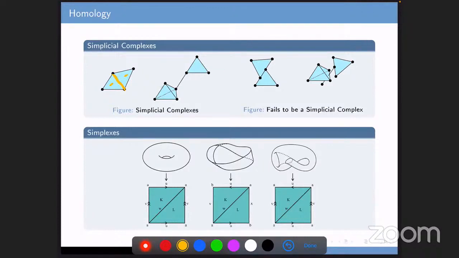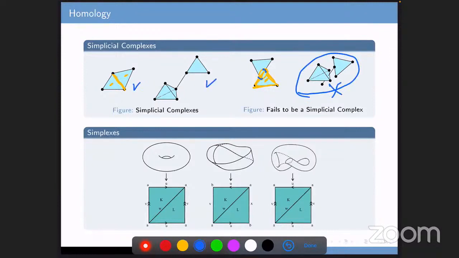But this is where usually the problem occurs. We have this intersection here. This is not a face of this simplex. The faces of this simplex are these, and this one, right? So this part, let's change the color, this blue part is not a face of this one. So this is not a nice way of gluing. This also is not a nice way of gluing, but these are okay.